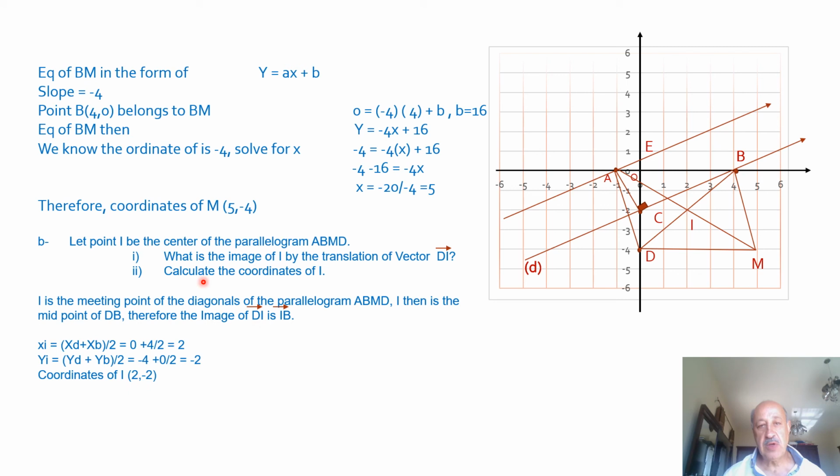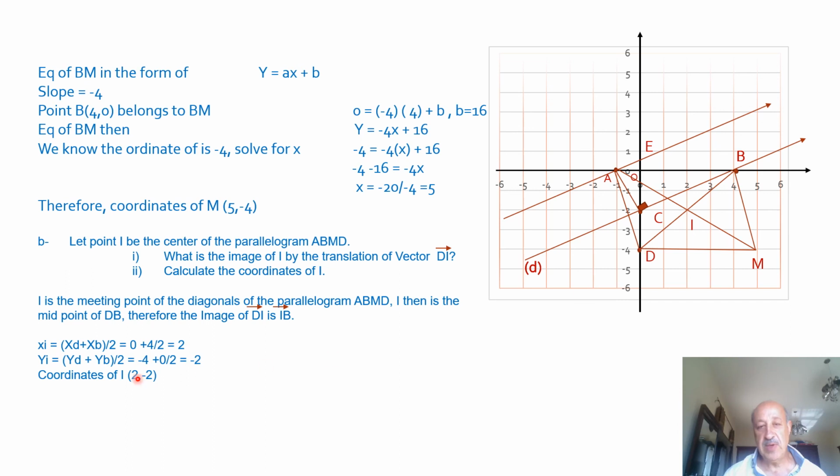Okay, calculate the coordinates of I. Very good. How to calculate the coordinates of I? We know that I is the midpoint of DB. So what are the coordinates of a midpoint? The abscissa of this point plus the abscissa of that point divided by 2.